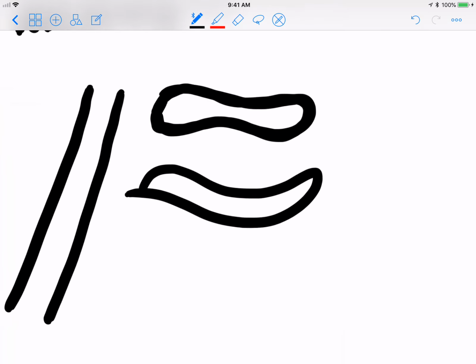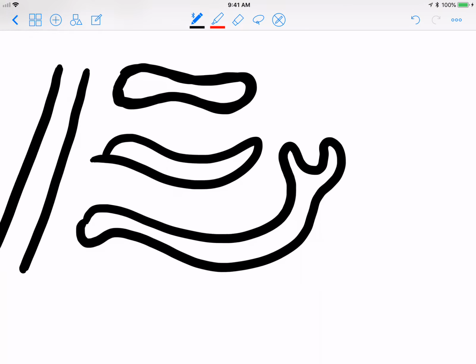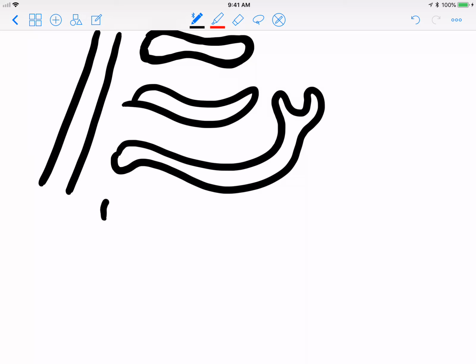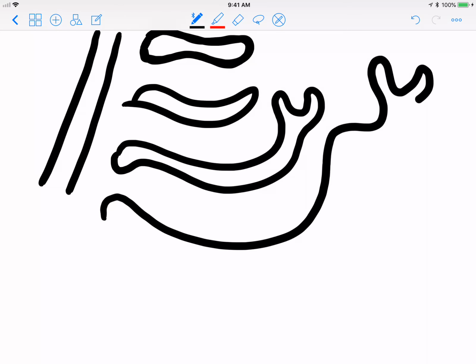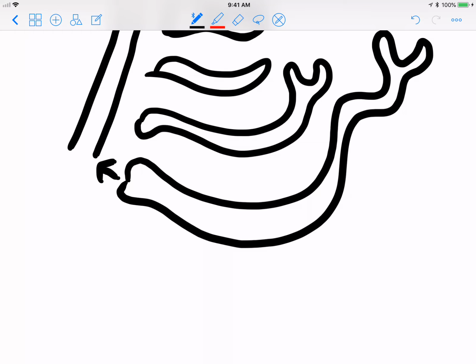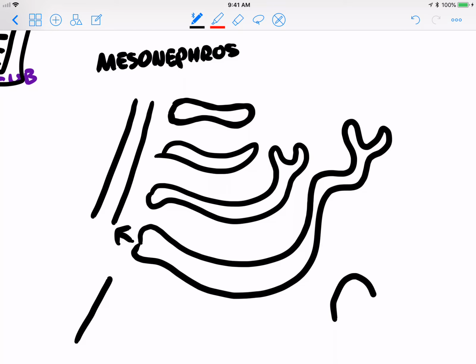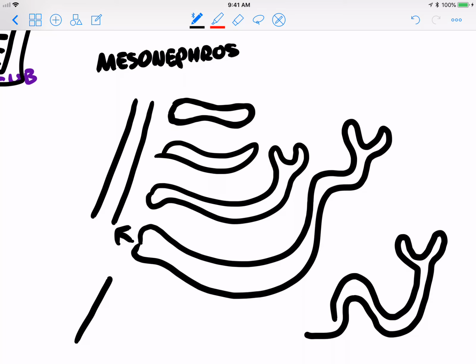What's going to happen is this is going to start to elongate, form little caps over there, and as that's happening to all of them, it forms these S-shaped tubules that start advancing towards the duct. And once this part over here becomes curvy enough, it connects into the ductal system.